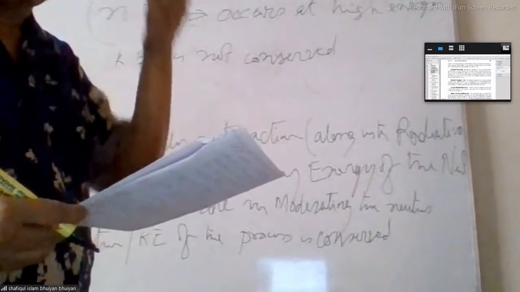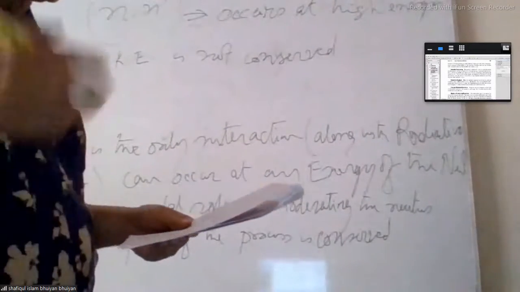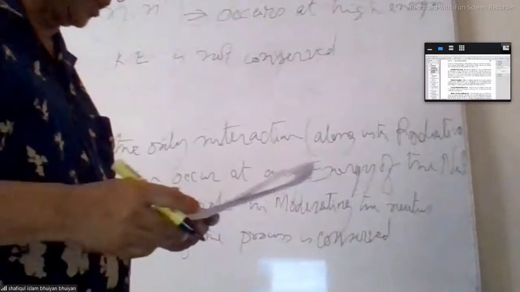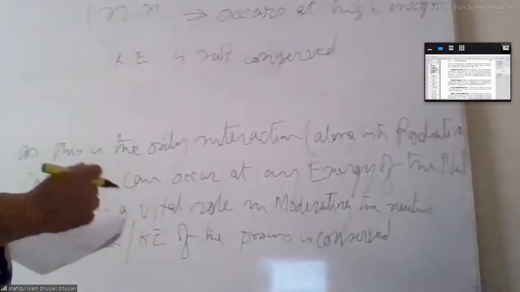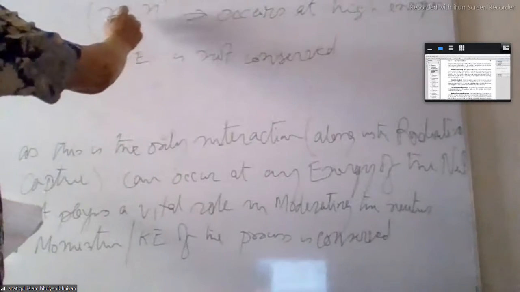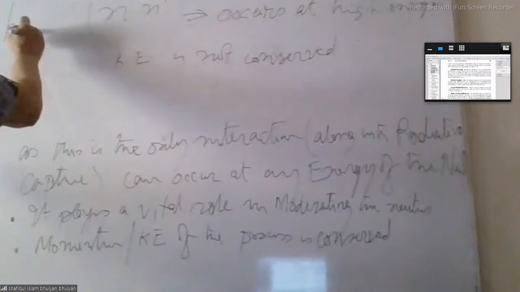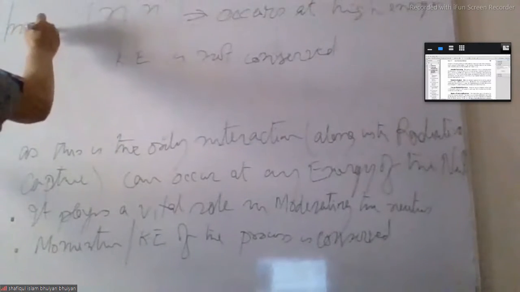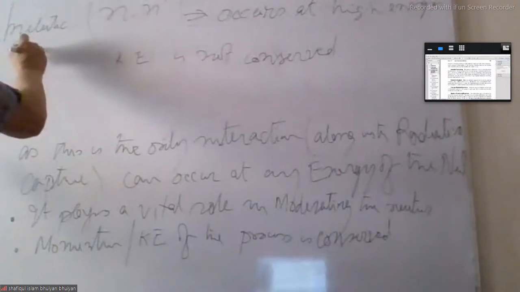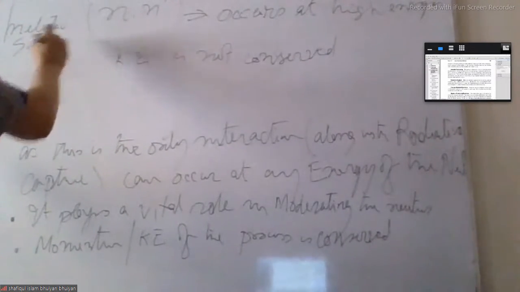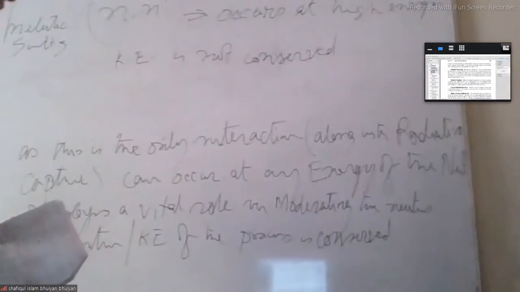So that's why we shall have to know this mechanism more accurately and in more detail. We will discuss it in more detail; we're just talking about the process. So we have elastic scattering, inelastic scattering, and another is the radiative capture.